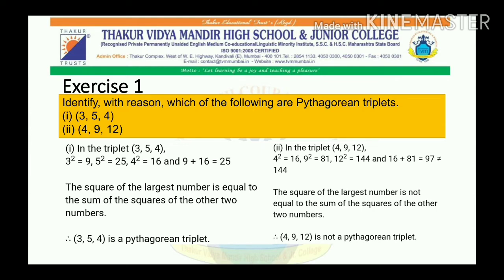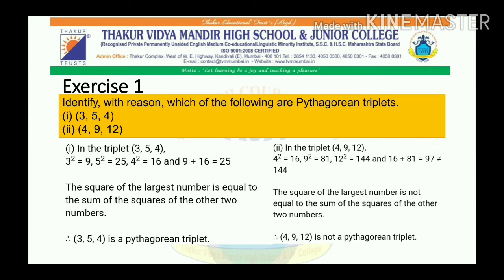And as we know, 9 plus 16 is 25, that is 3 square plus 4 square is equal to 25, which is the square of 5. So 3 square plus 4 square is equal to 5 square. The square of the largest number is equal to the sum of the squares of the other two numbers. Therefore 3, 5, 4 is a Pythagorean triplet.